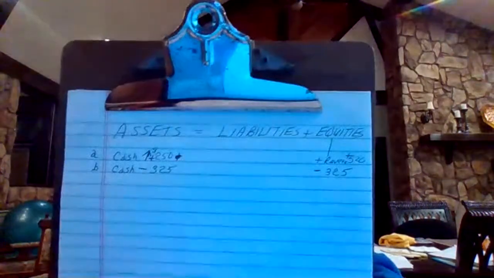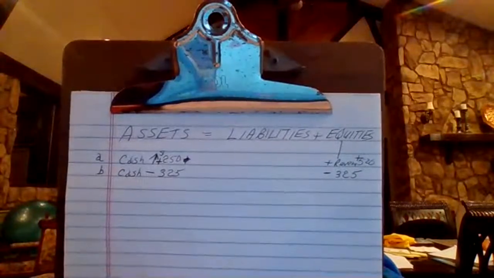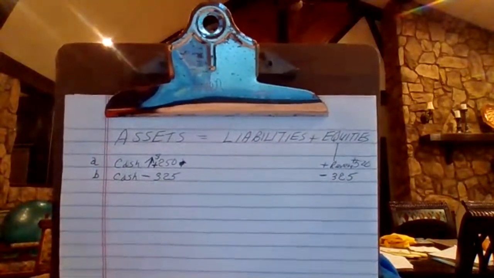Assets went down, so the company got smaller. So now the owner has less, so the equity is smaller with an expense. The journal entry there would be salaries expense, and a credit to the asset called cash, $325.